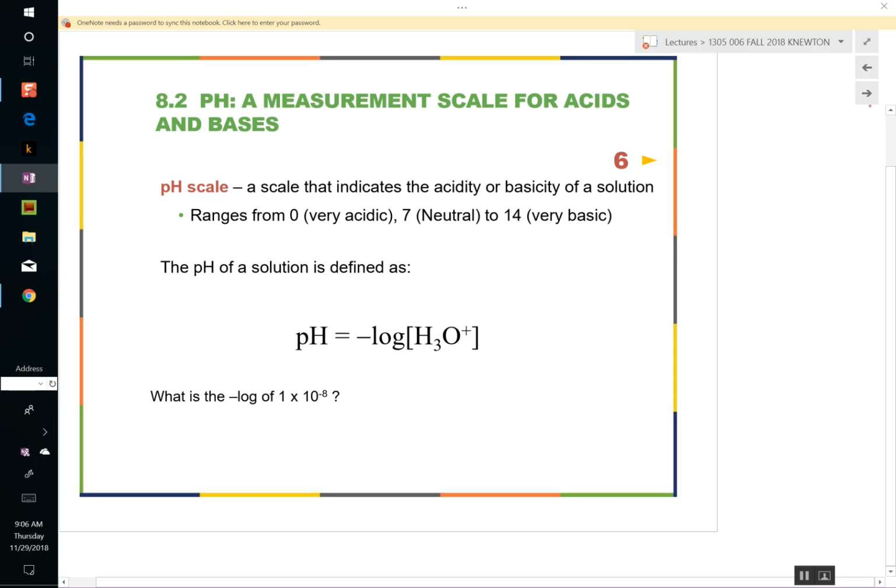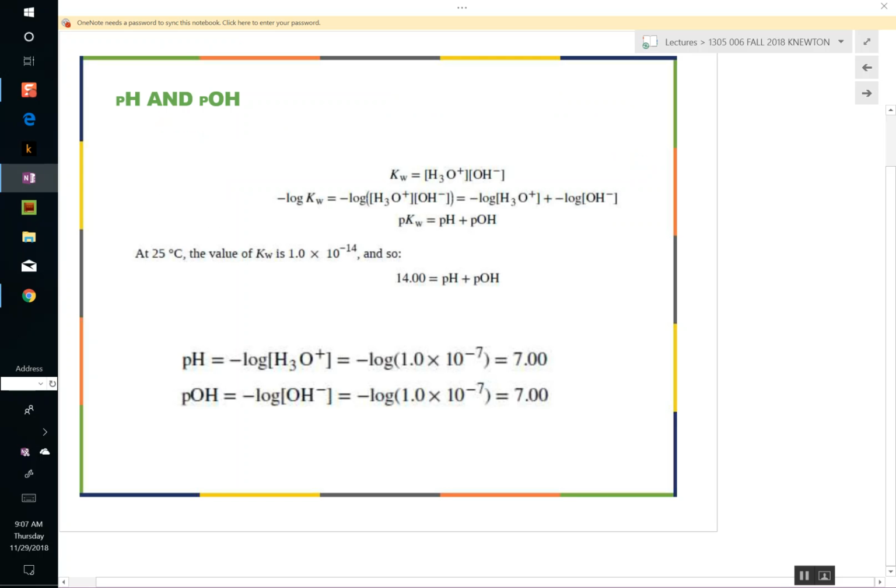The pH scale. pH is this. We're always going off of the hydrogen. There is one assignment there where it talks about pH, pOH. So pOH is the negative log of the hydroxide ion concentration.